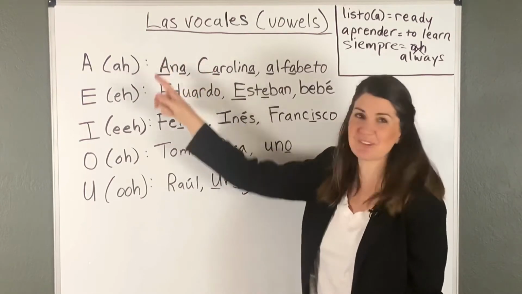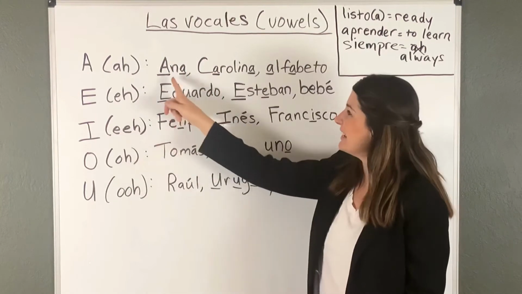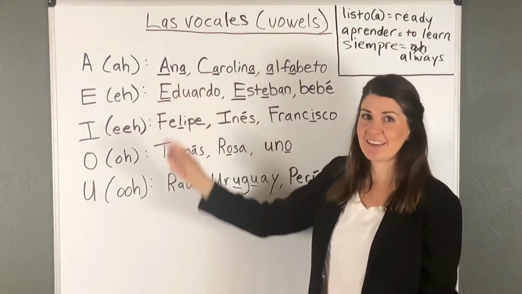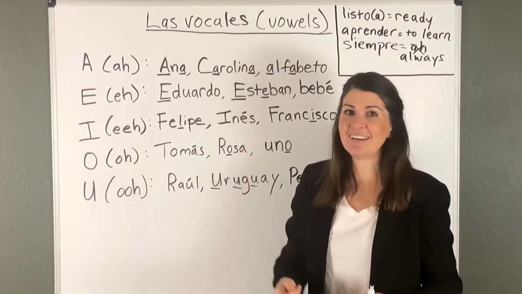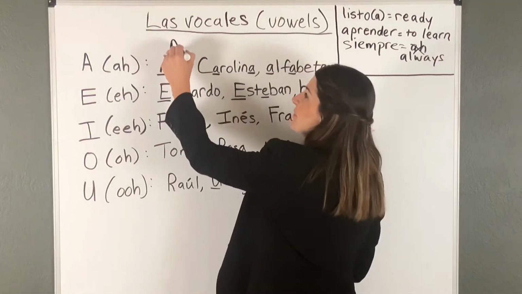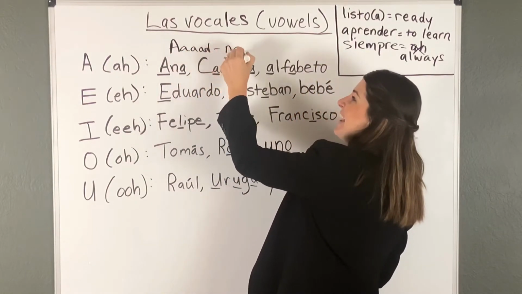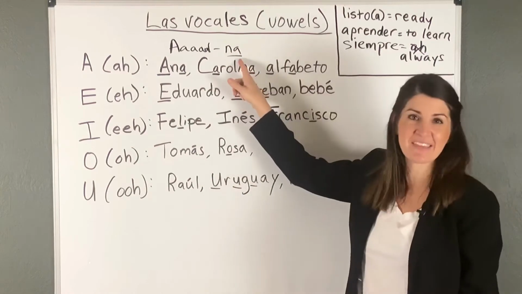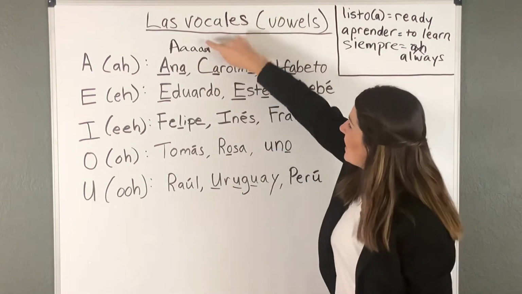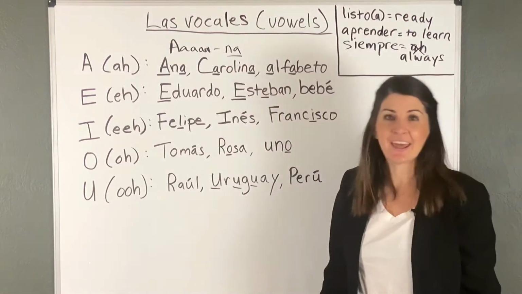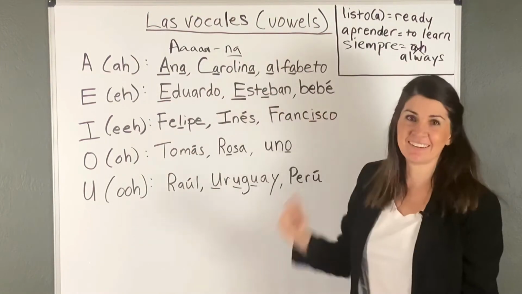There's so much we can do just with Ana here. So in English, Anna, Anna. You hear how the first syllable is long, and then it gets shorter by the second syllable.